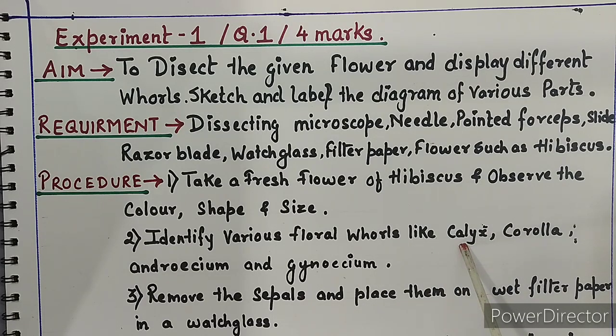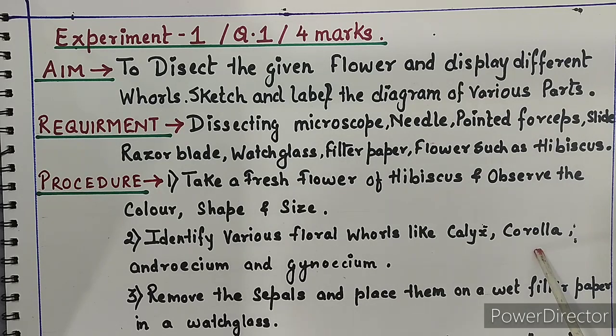We have studied that any flower shows 4 floral whorls: calyx, corolla, androecium and gynoecium, of which the first two, calyx and corolla, are the non-essential whorls.